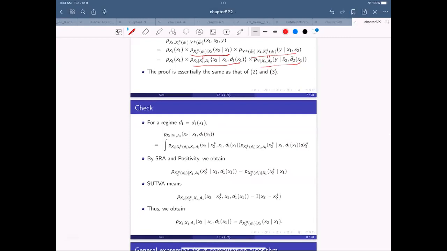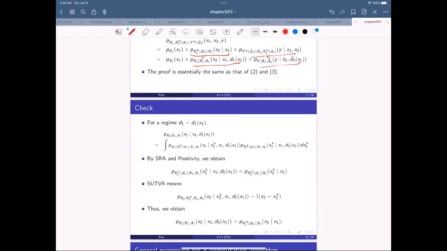For a given D, which is just like a given A, the priority structure is defined in terms of A. This is essentially a realization, one element in the support of A1.